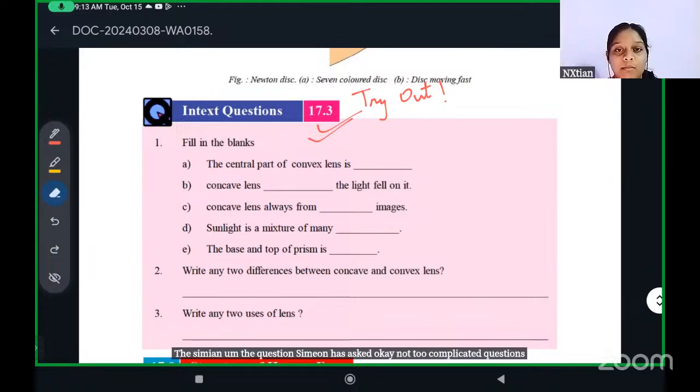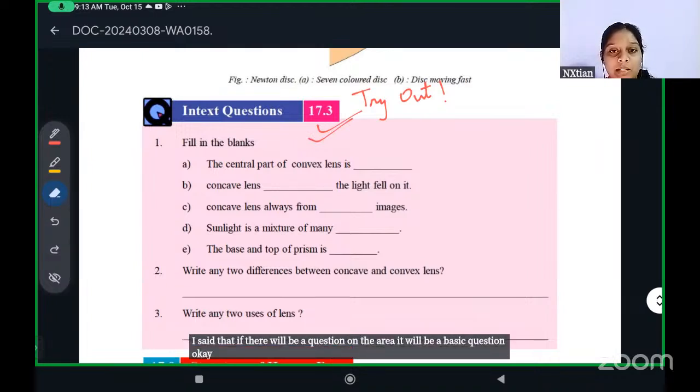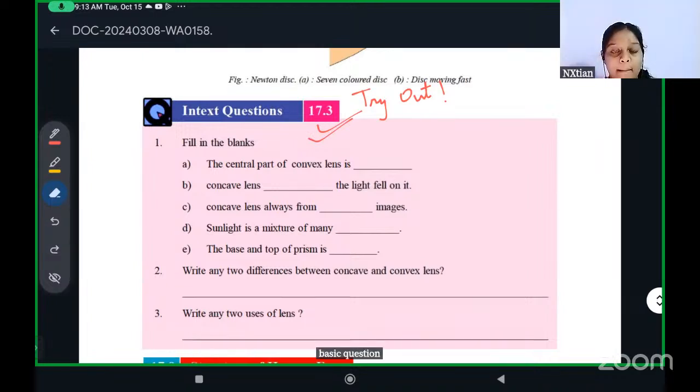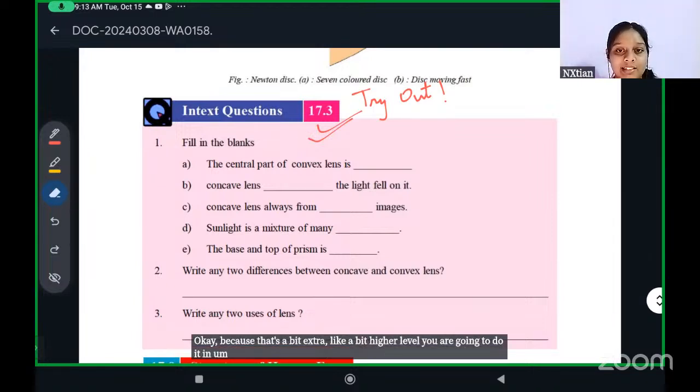Ma'am, can you just repeat that? I said that if there will be a question on the area, it will be a basic question on the area. Because I haven't really done area and perimeter questions with you in class. That's a bit higher level, and you are going to do it in the upper classes.